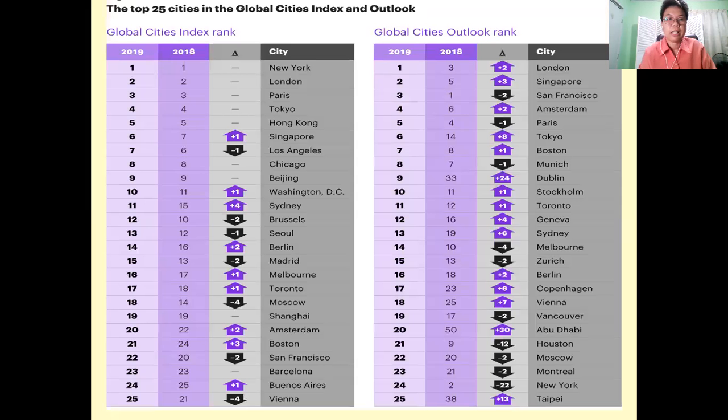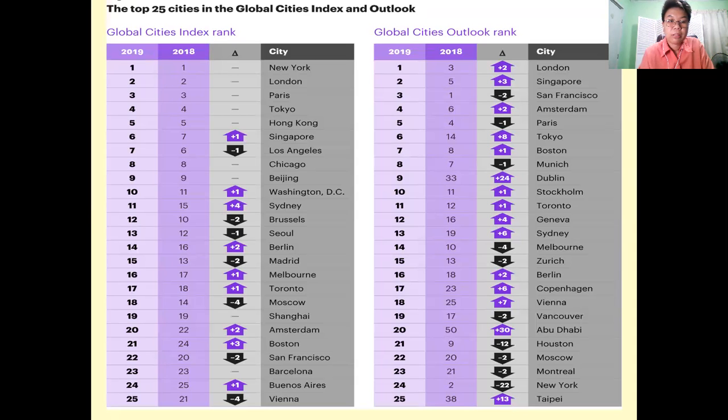Okay, so this is the last slide, and these are the top 25 cities as described by the United Nations in the rankings. Number one in 2019 and 2018 is New York, and then of course down to London. We have their 2018 and 2019 rankings.